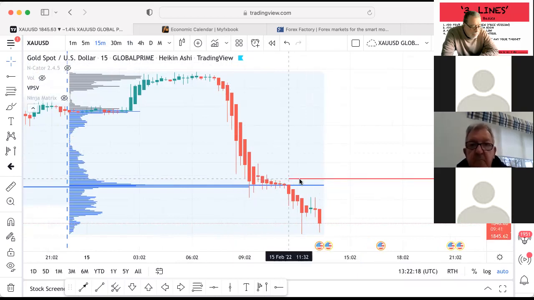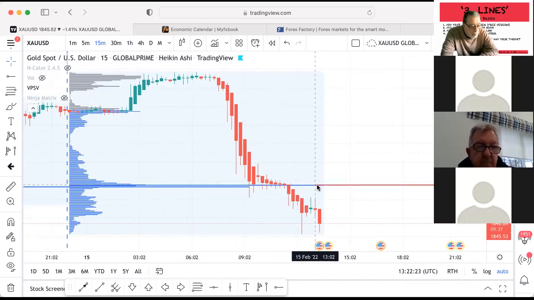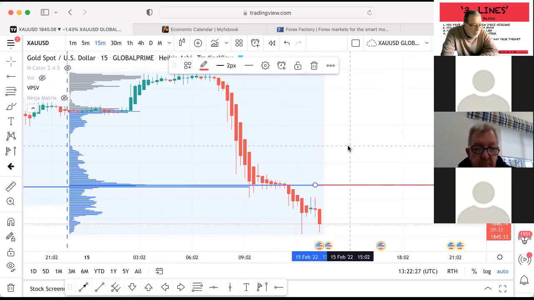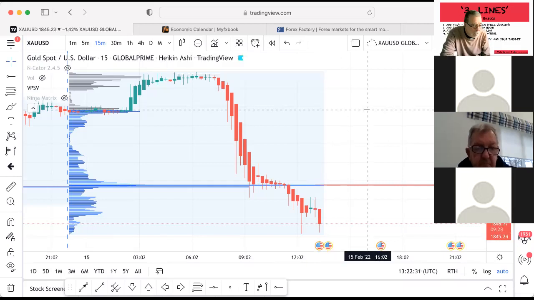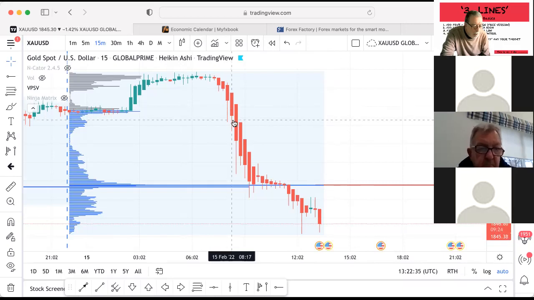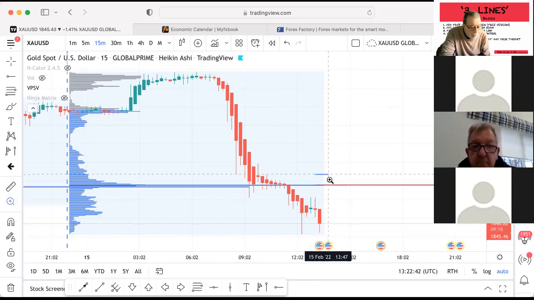So what I normally do is I trade on the 15-minute chart or sometimes a 5-minute chart. But I have noticed that the point of control is presented differently when you change time frames. So what we've got is yesterday's, I'll just zoom into that and make it accurate.